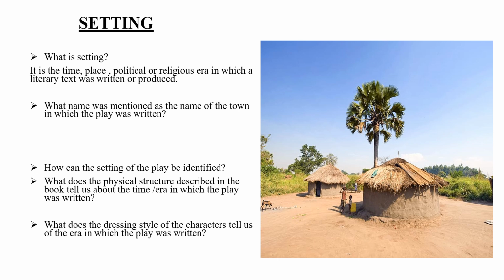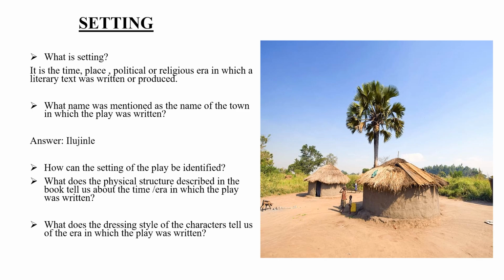Even in the villages, you hardly see such things. So it tells you the kind of era or time frame in which the book was written. And now the answer to the second point, the name of the town in which the setting of the play took place was Ilujinle, as mentioned on the first page of the book.